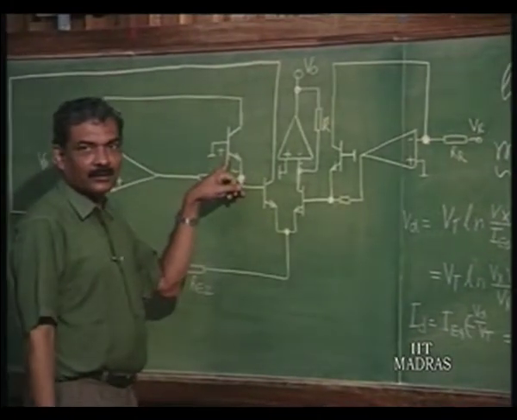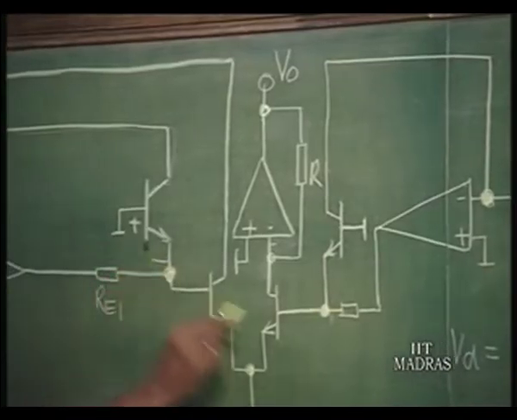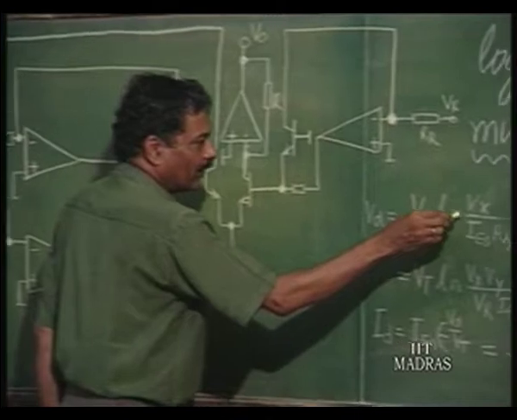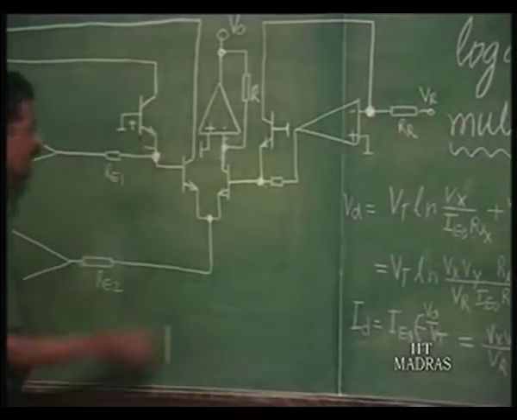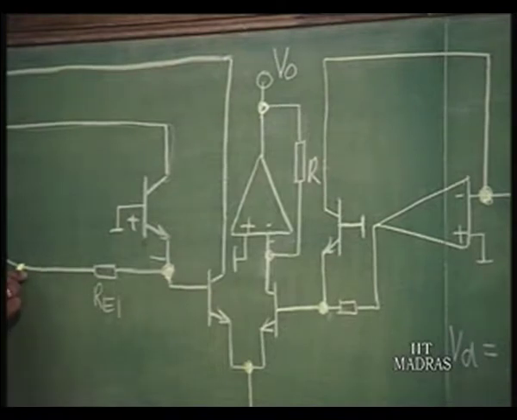So, this voltage here is nothing but minus Vt log Vx by IE naught Rx. So, we get here this voltage straight away, but the thing is I can for negative feedback keep this connected to this output.